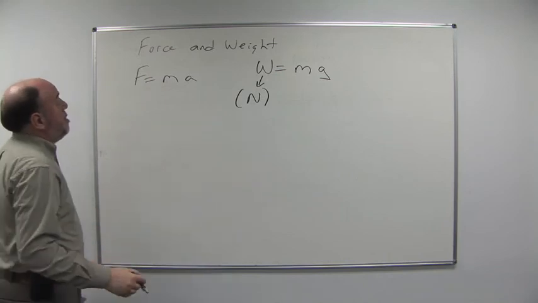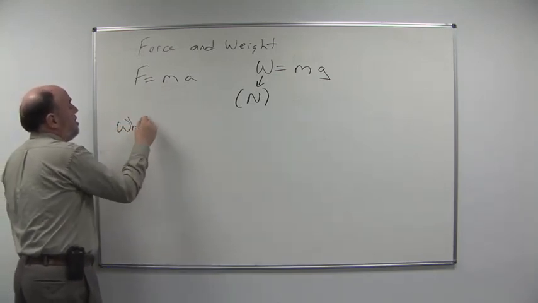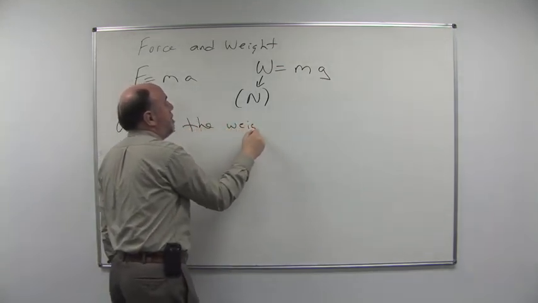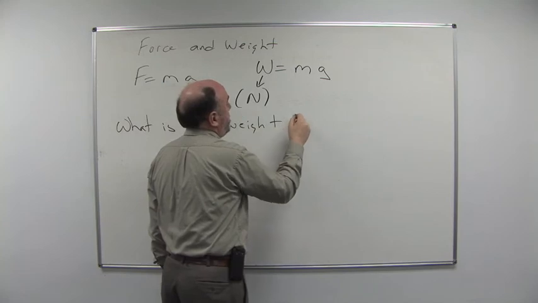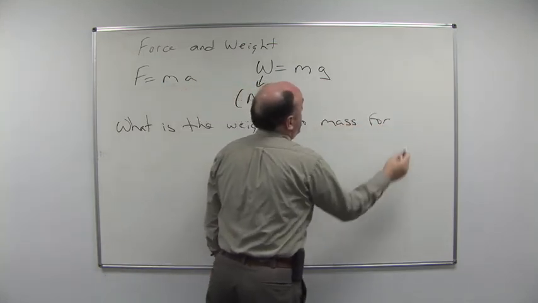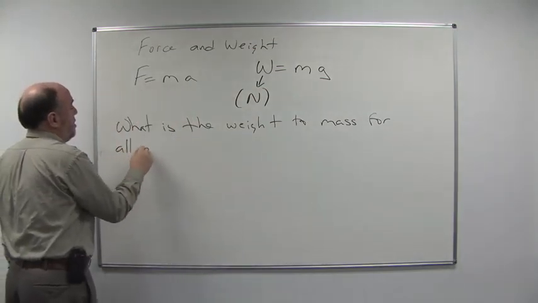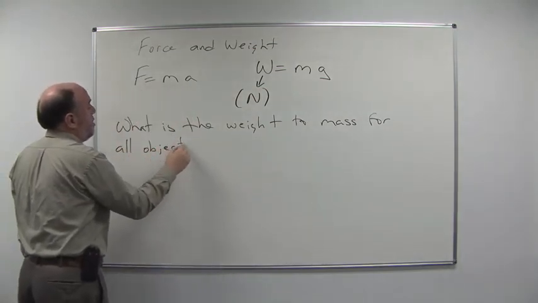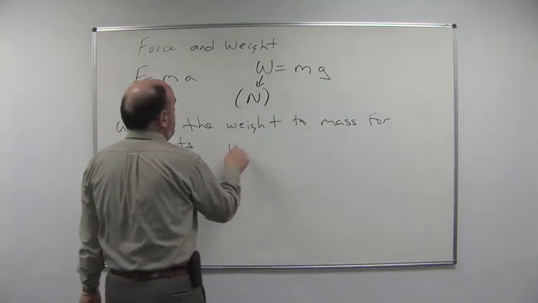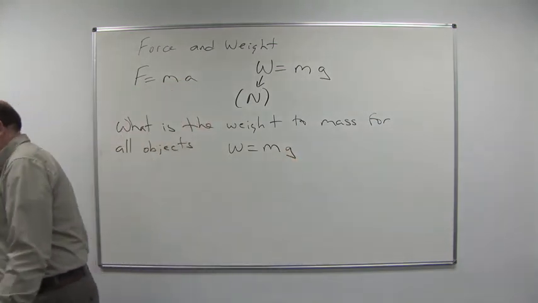In regards to this equation, what is the weight to mass ratio over all objects? We have our equation that weight is equal to the mass times gravity.